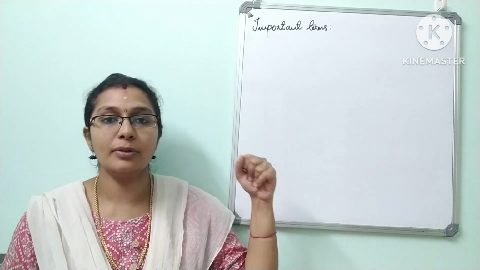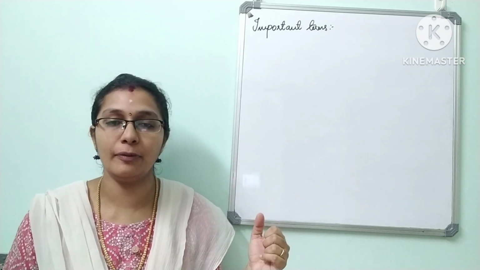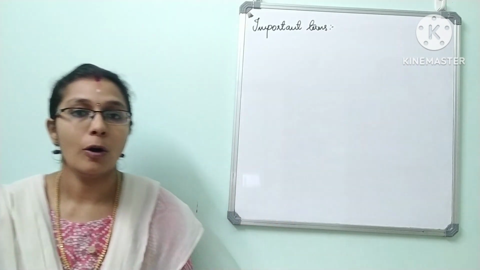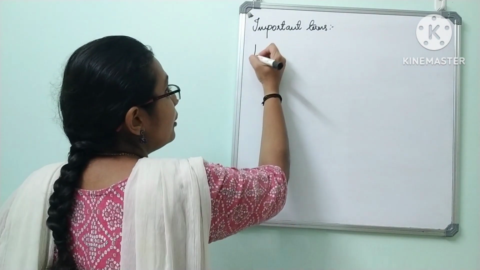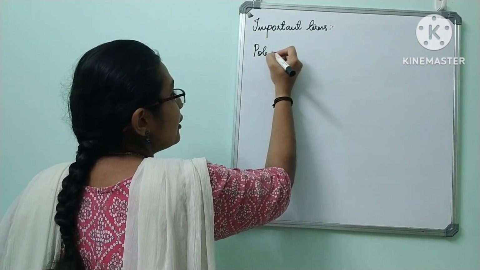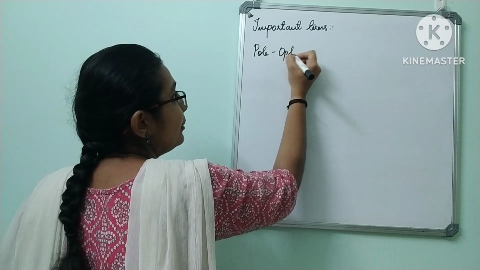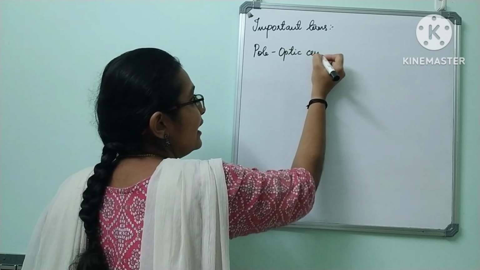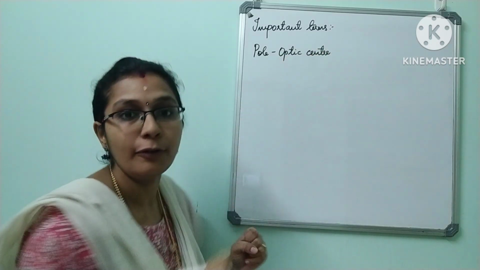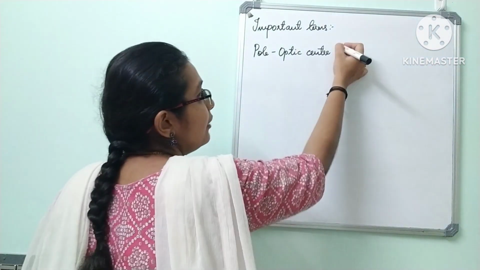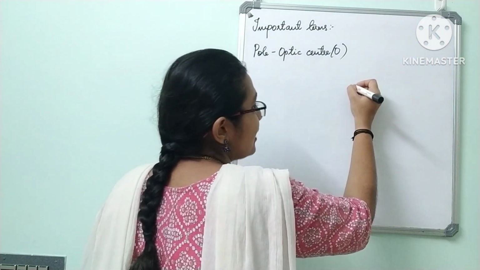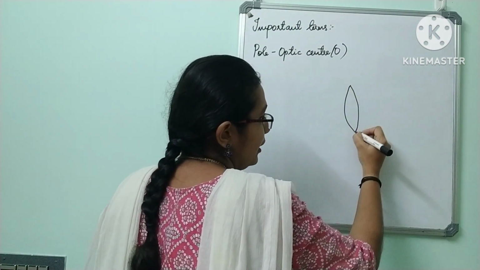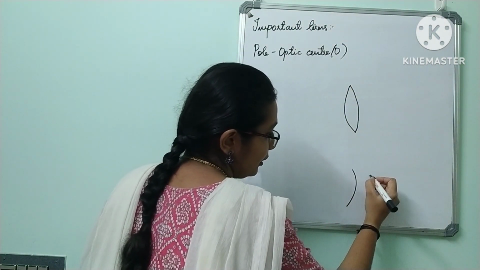Now just like mirrors, we will see some of the important terms related to lenses. It is quite similar to that of mirrors except for one or two. The first thing: we have something called the pole in a mirror. Instead of pole, we use the term optic center in a lens, which is denoted by the letter O. Let us consider a double convex lens and a double concave lens.